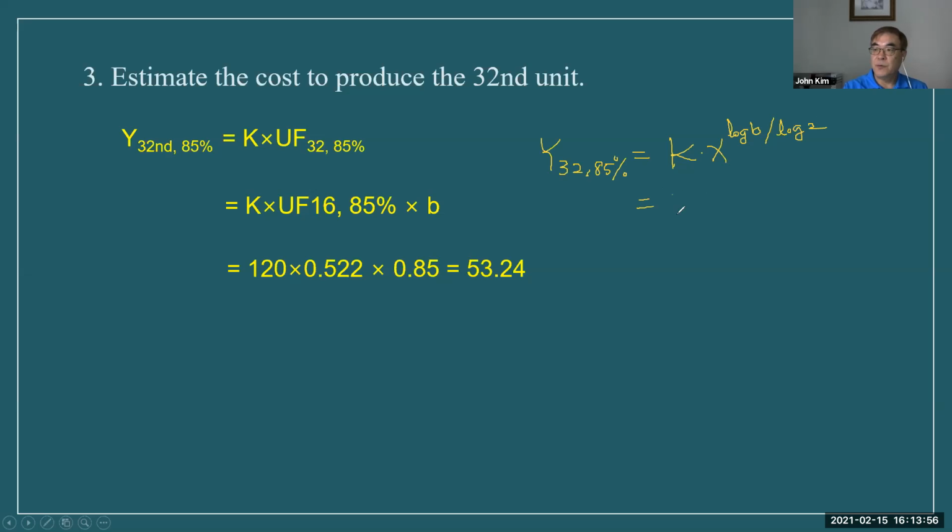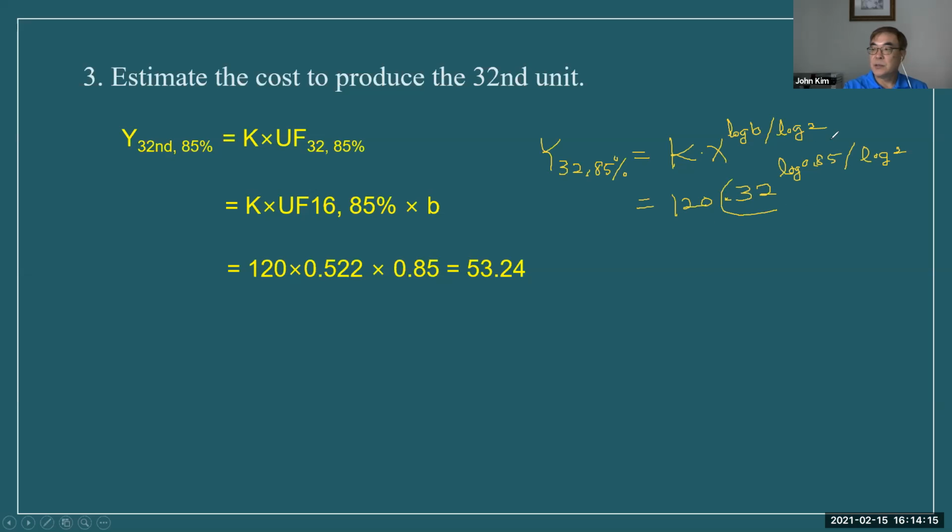So that will be 120 times 32, the unit number, to the power of log 0.85 divided by log 2.